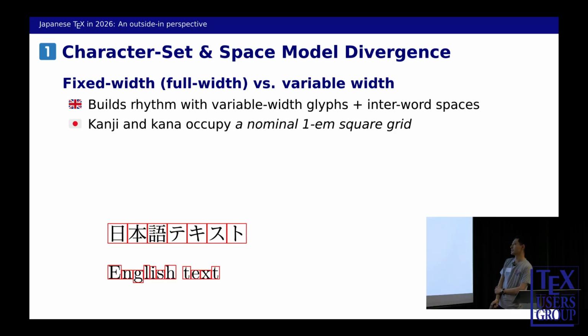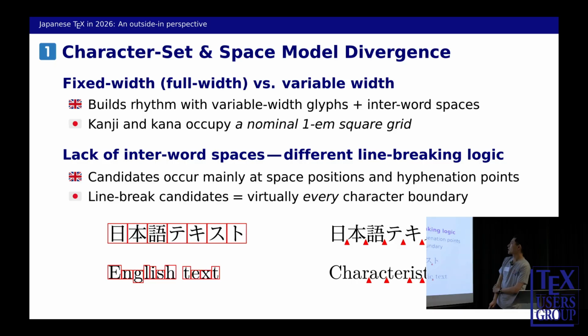But there is a problem: we don't have interword spaces, so we just put the words together. So there is no obvious separation between words in Japanese. So the line breaking logic is quite different in Japanese typesetting.